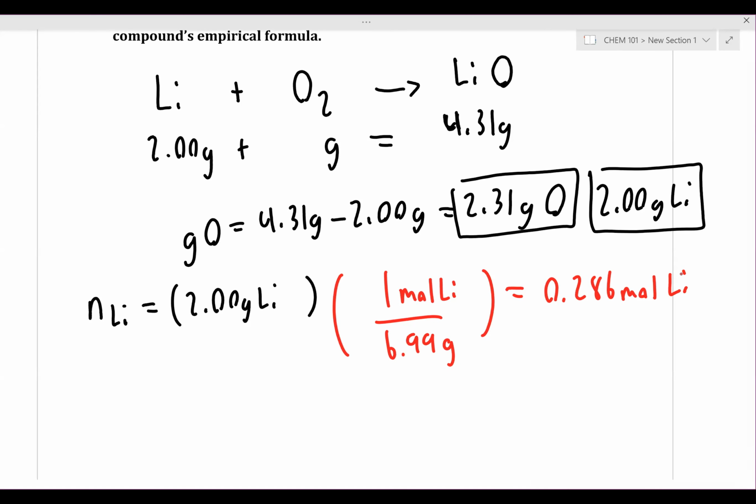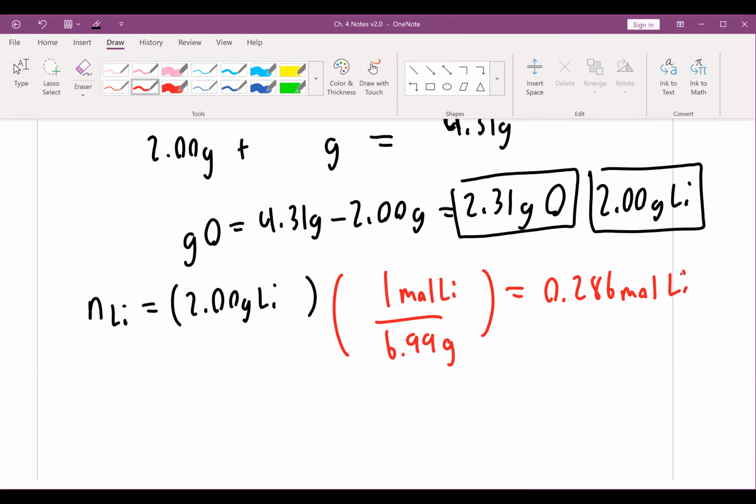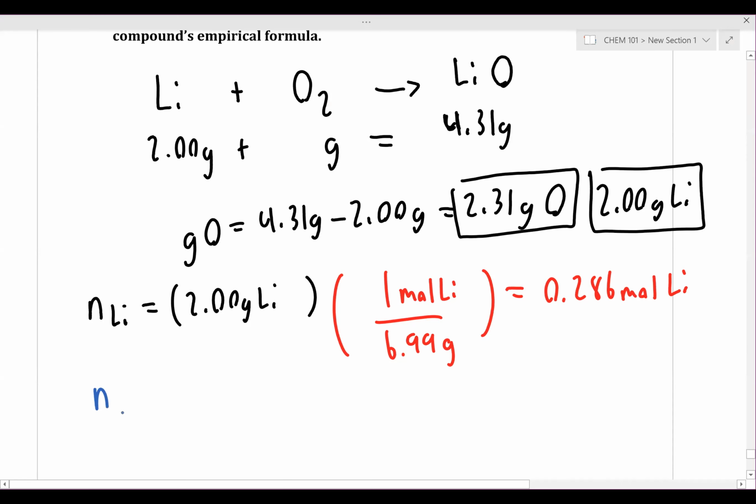We'll calculate the moles in the exact same manner for oxygen. I like to consider that when we say the mass of oxygen, in the context of composition, it's the mass of oxygen atoms. It saves you so much hassle dealing with molar masses, and it saves you having to do a mole-to-mole conversion.